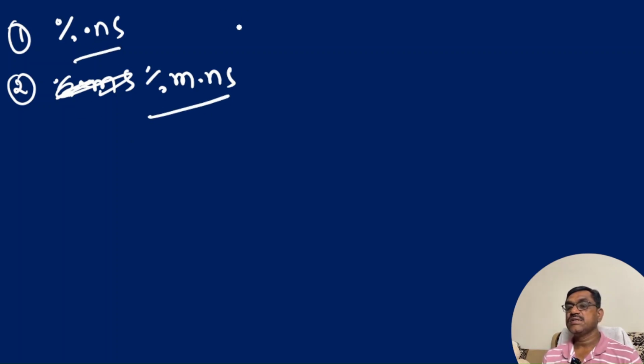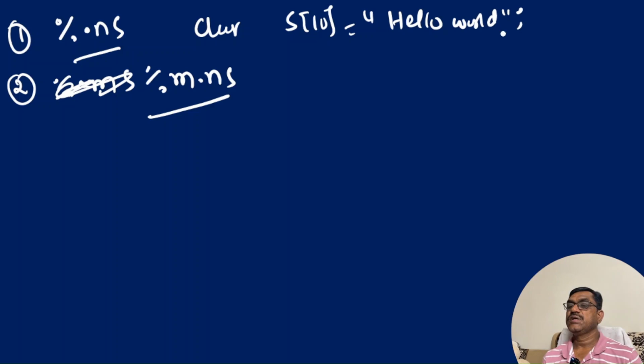Percentage dot ns: for example, assume that we have given char s of 10 equals to hello world. Assume that here I'm writing hello world. How many characters? 1, 2, 3, 4, 5, 6, 7, 8, 9, 10, 11, 12. So better to give here 12. The size I'm giving 12.